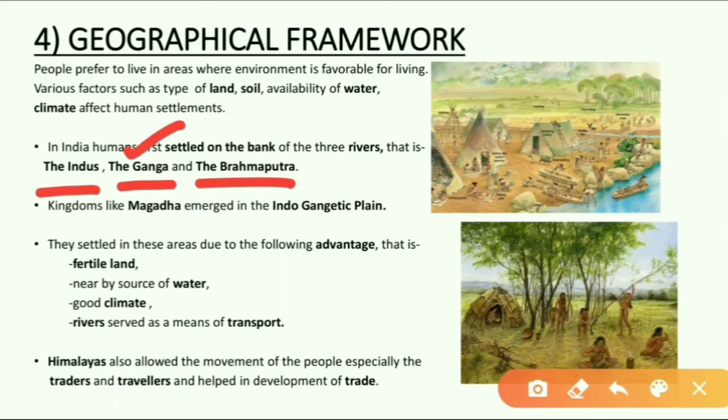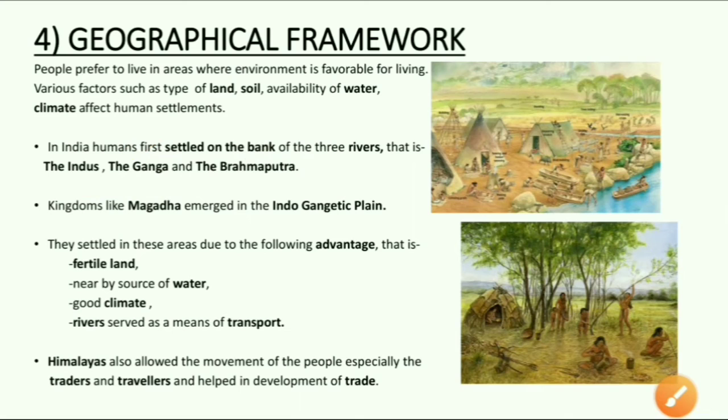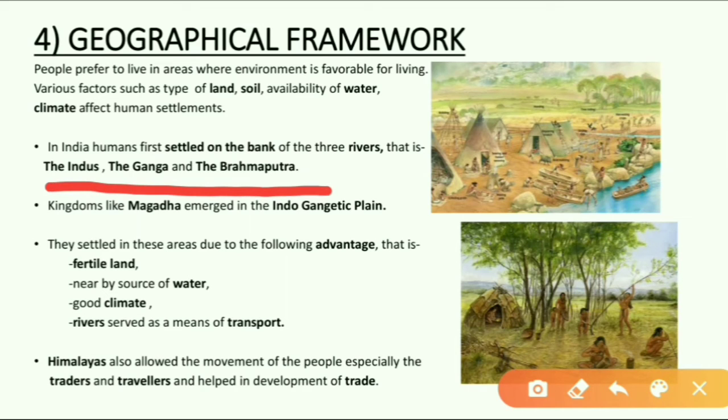The Ganga is the river which flows through India and Bangladesh. The next is Brahmaputra, which flows through China, India, and Bangladesh. So it is believed that the first settlement of humans was near the banks of all these three rivers.